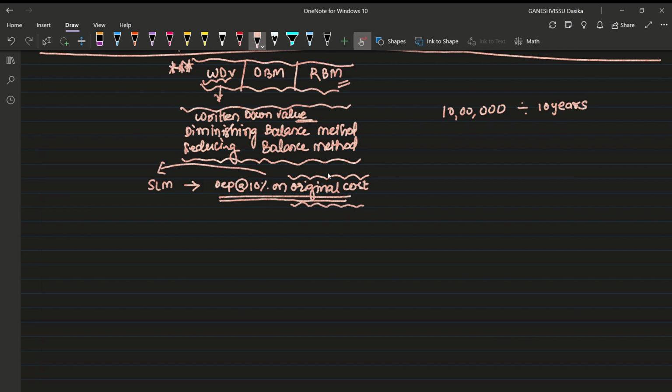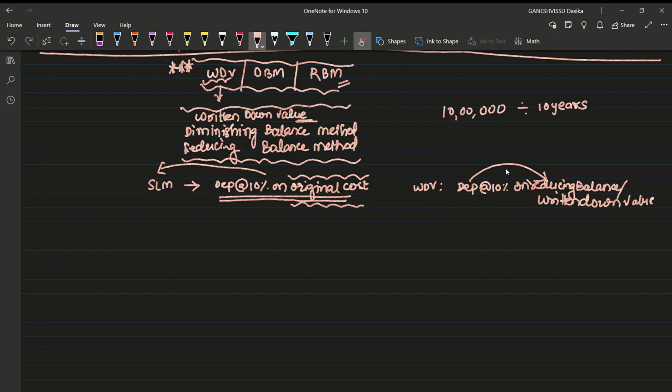But if it is not mentioned, and instead they mention depreciation at the rate of 10% on reducing balance, or written down value, then we are going to charge depreciation on the reducing balance.